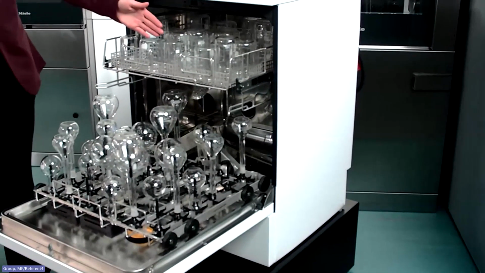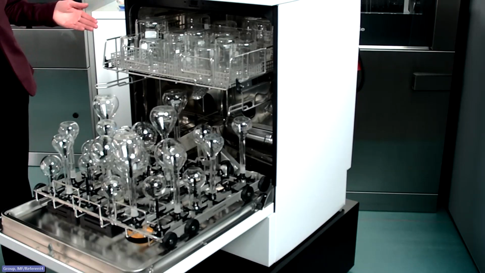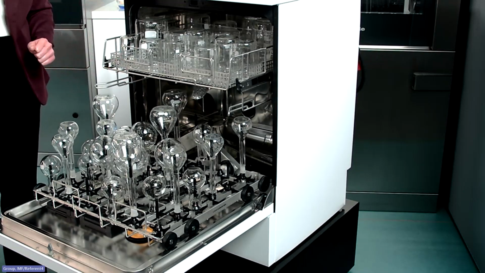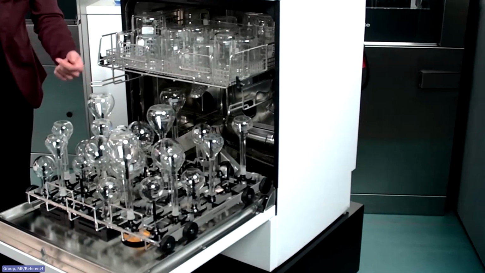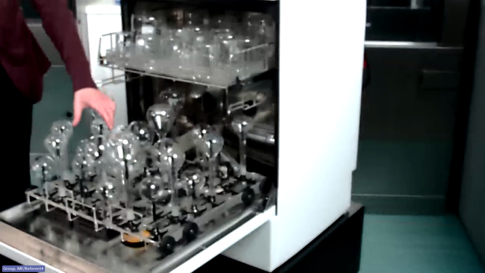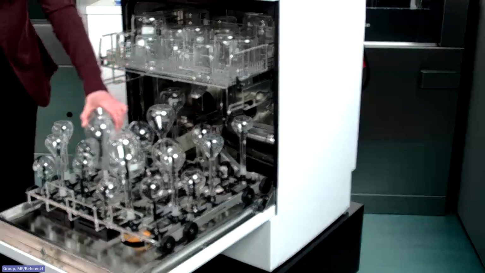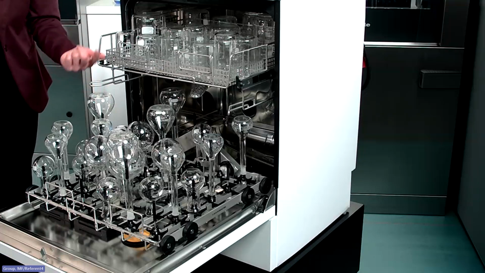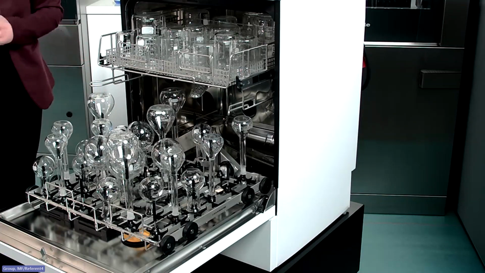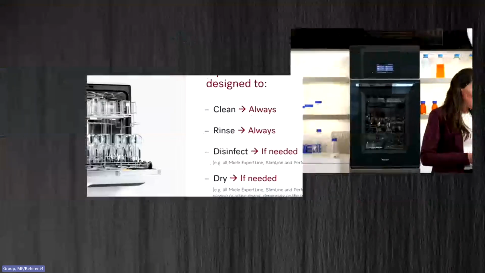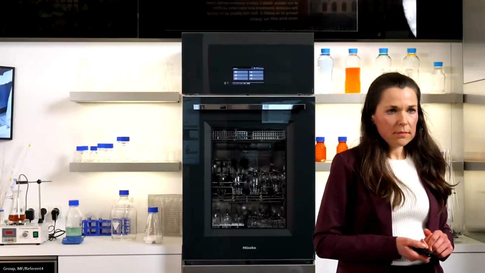In the upper basket, you can see 2 inserts for beakers. In the lower basket, we have 2 easy load modules with injector nozzles to properly clean the inner surface of the glassware. The advantage of our easy load system is that you can place any item over the injector nozzle without needing to adjust the height of the glassware, so it makes the loading much more simple and flexible.